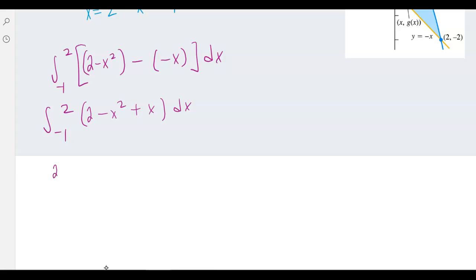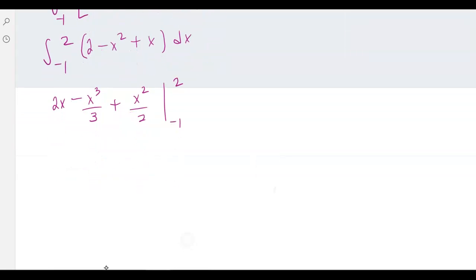So this will be 2x minus x cubed over 3 plus x squared over 2 evaluated between -1 and 2. Plugging these values in, I get 4 minus 8/3 plus 4 over 2 is 2 minus, this is a -2, that's going to change to plus 1/3 and then plus 1/2.